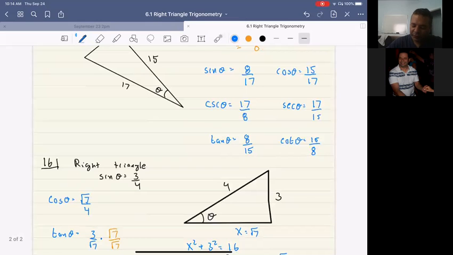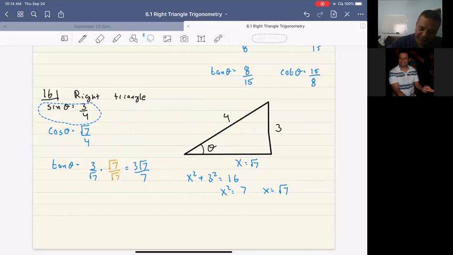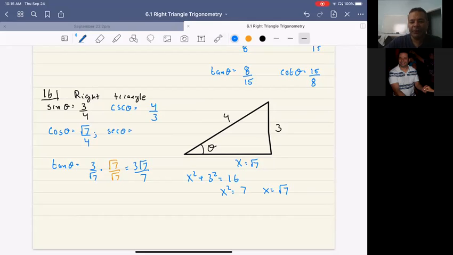Now we also have the other three, and we can do those quite easily. Cosecant theta is the reciprocal of sine, so that's 4/3. Secant theta is the reciprocal of cosine, that's 4 over root 7.